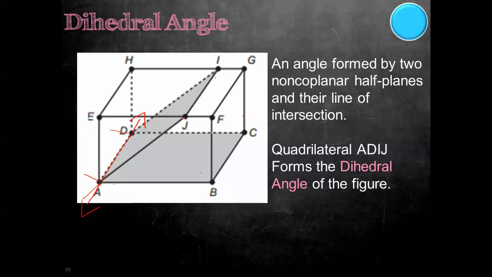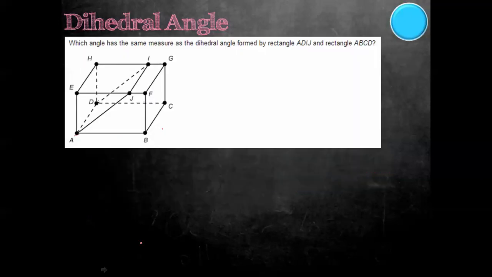If you look right here, angle JAB is going to tell me what the angle is right there. Or you could also say angle IDC as well. If we were told what either one of those angles is, we would know the measure of this whole dihedral angle.